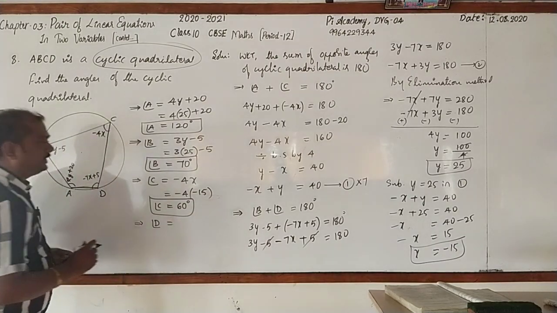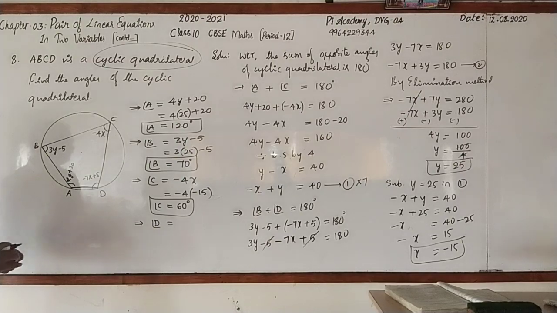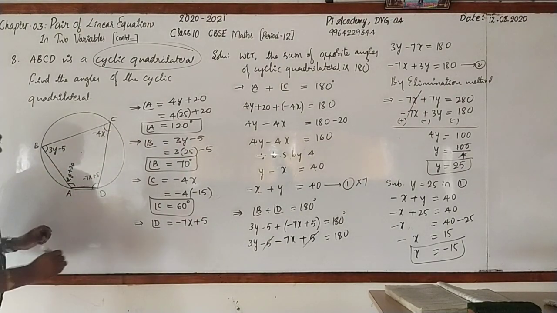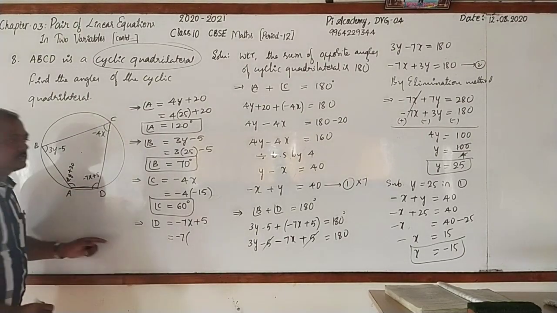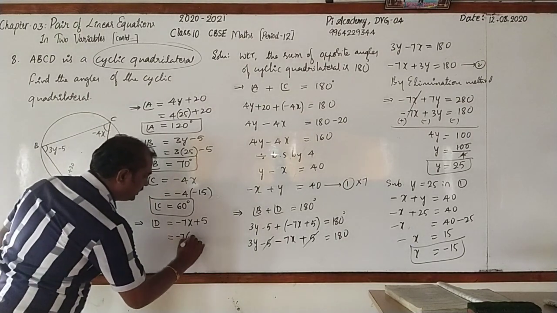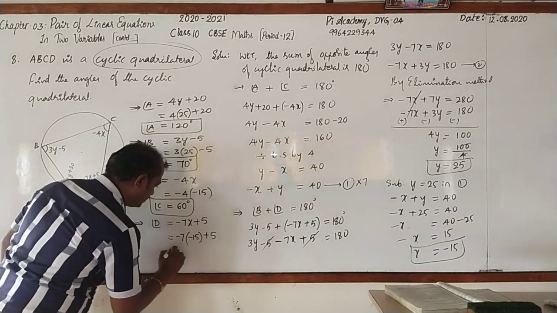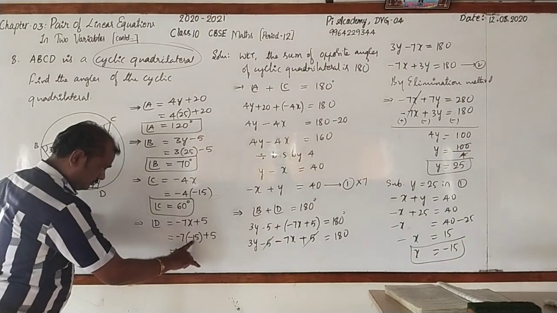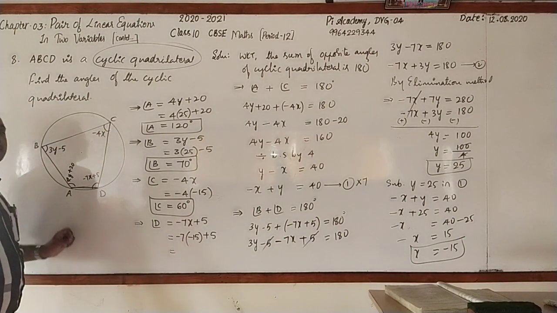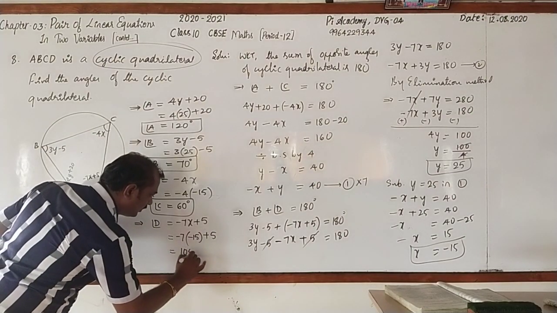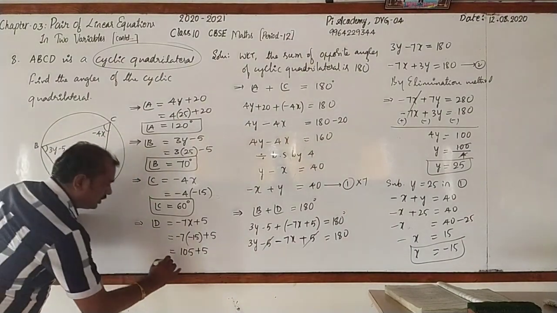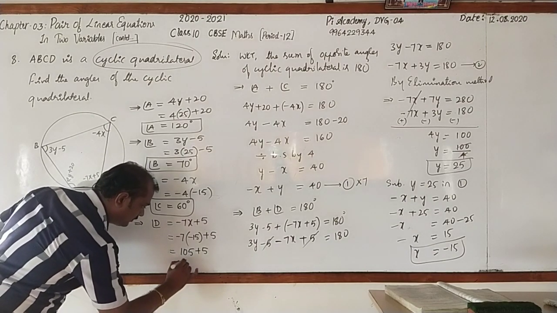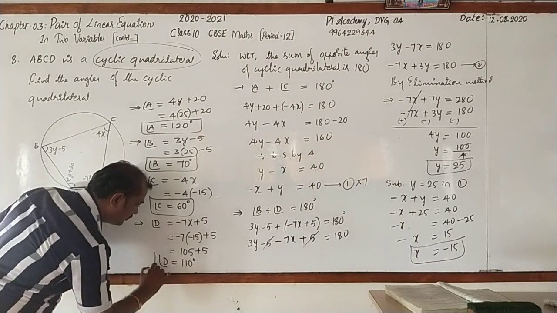And the fourth angle is D. D is minus 7x plus 5. Substitute. Minus 7 into, what is the value of x? This is minus 15, plus 5. Now minus into minus is plus, 15 sevens are 105 plus 5. Then what will be the sum? It is 110 degrees. Angle D is 110 degrees.